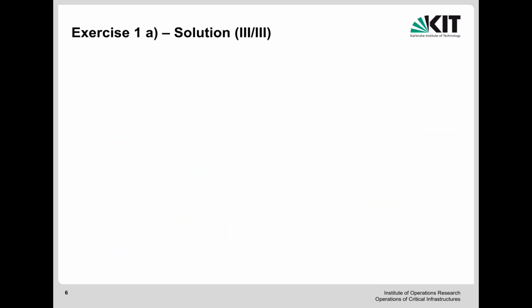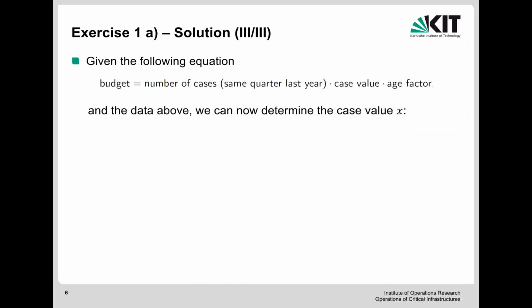So that means what we have to solve now, given the formula we just saw, is this equation. So we have 1,200, and x is the case value, so we don't know it yet, plus the 160 patients that are evaluated at 75% of the case value, plus 80 cases that are evaluated at 50% of the case value.